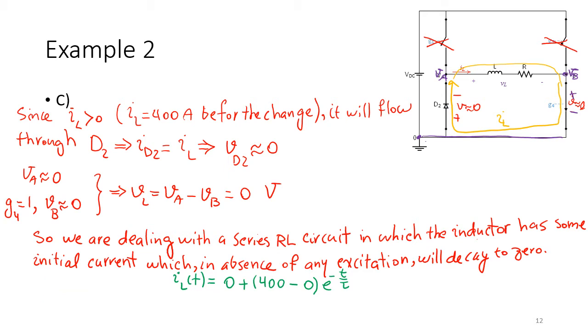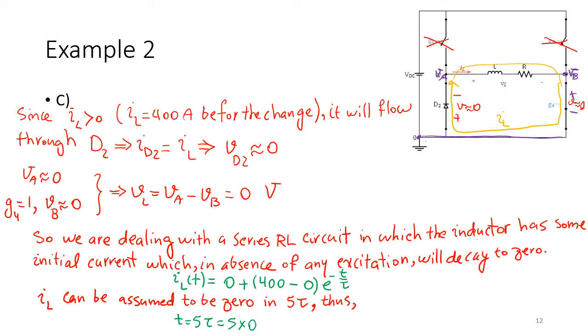So IL can be assumed to be 0 in 5 tau. t equal to 5 tau is equal to 5 multiplied by 0.2 second, equal to 1 second.